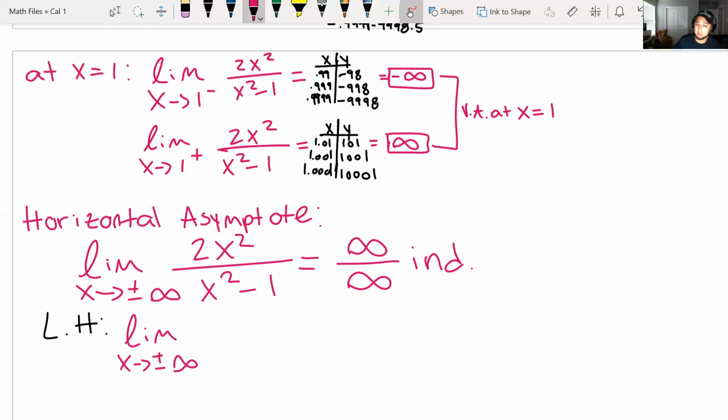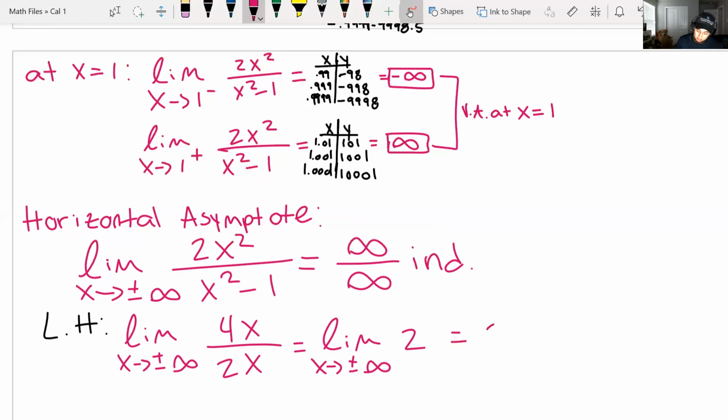So if I do L'Hopital's on this, I get 4x over 2x, which reduces to 2. And guess what the limit of 2 is at infinity? It is just 2.